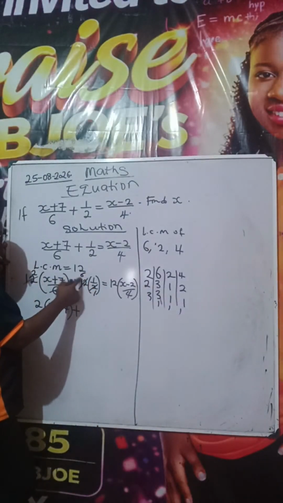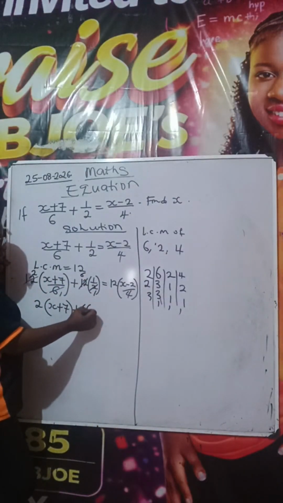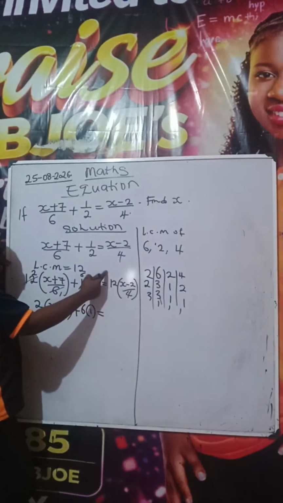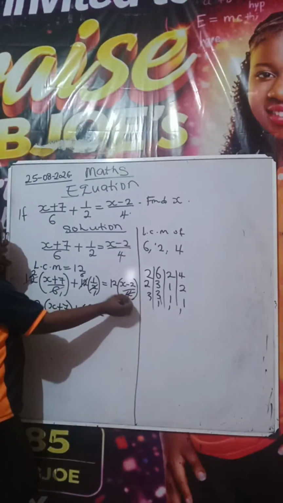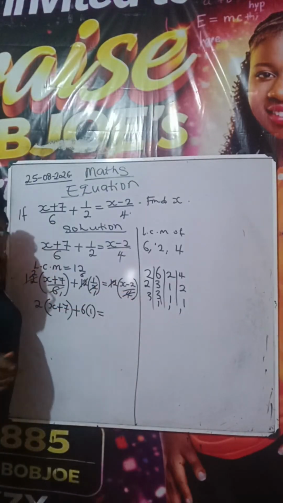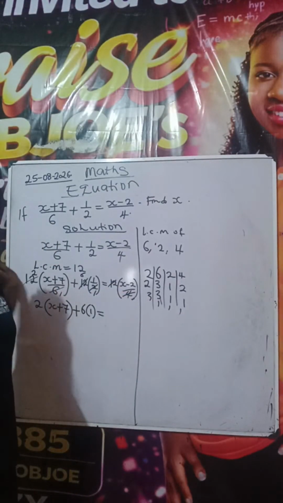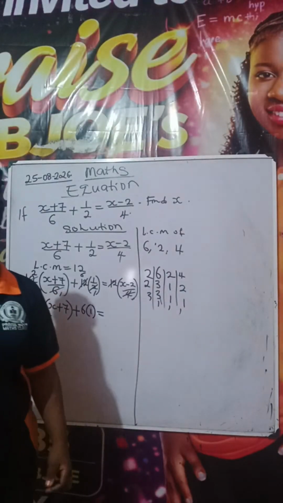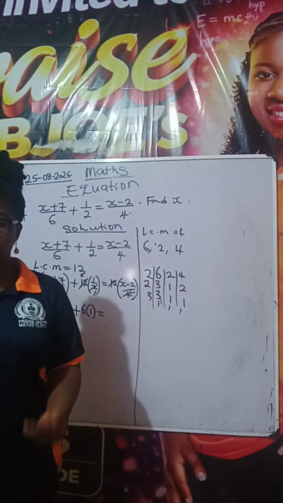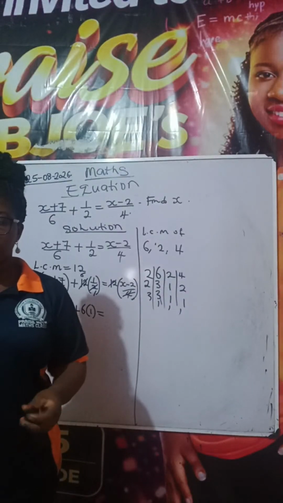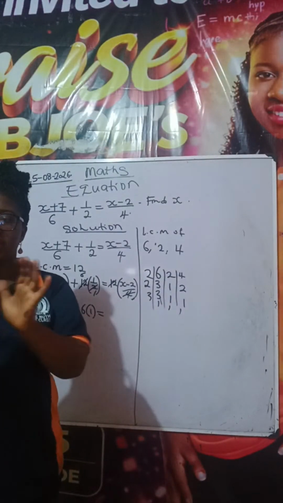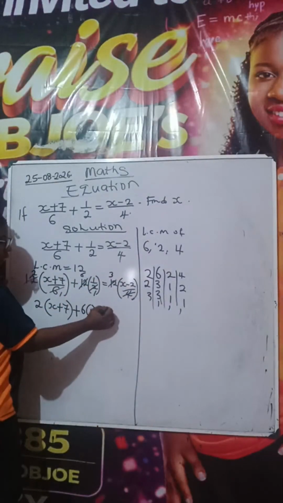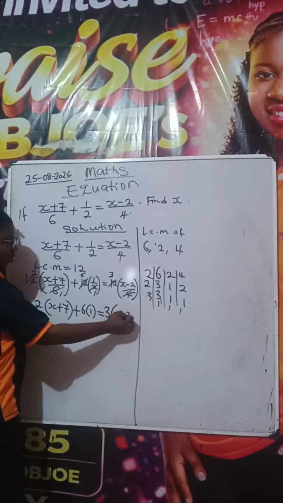So write the 6 here and multiply by 1. Equals, use the 4 to divide the 12. How many 4 do we have in 12? That will give us 3 times. Good job. So we have 3 multiplying x minus 2.